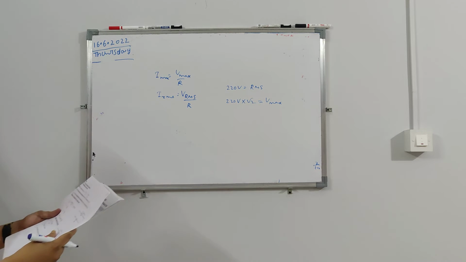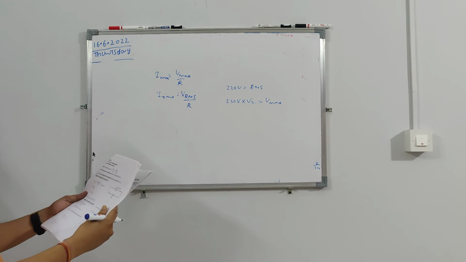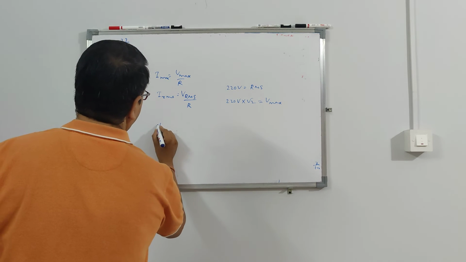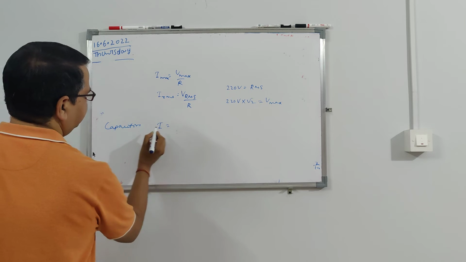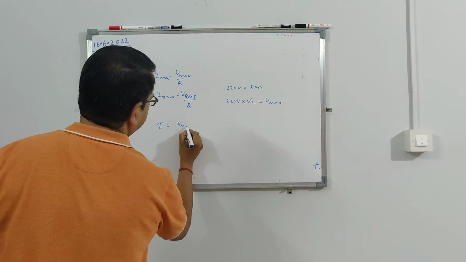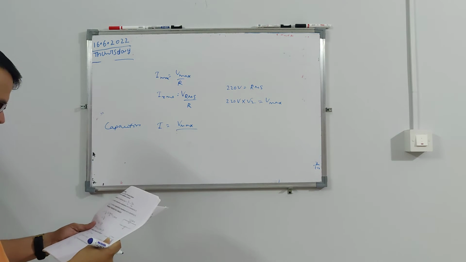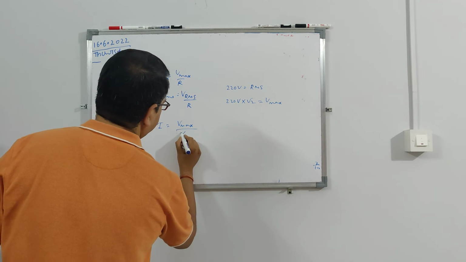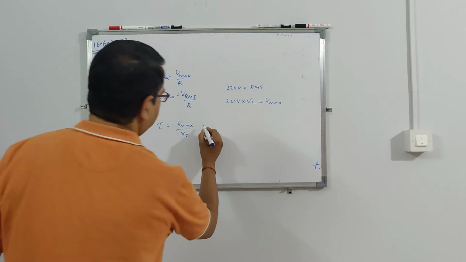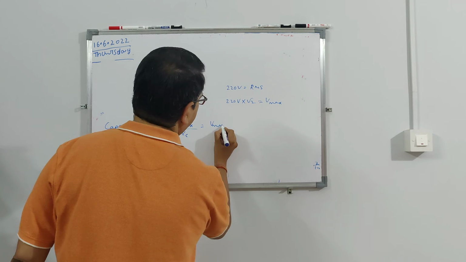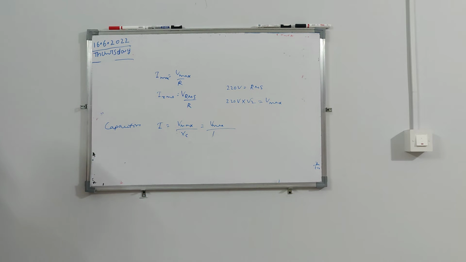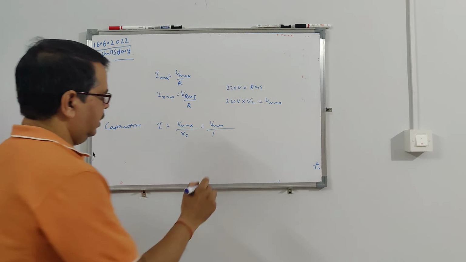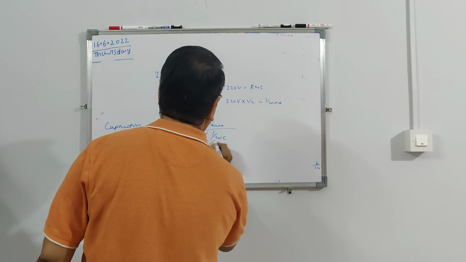In a capacitive circuit, your current is equal to V max by Xc, which is nothing but V max by 1 by omega C. This is called capacitive reactance, Xc equal to 1 by omega C. That you have to remember.